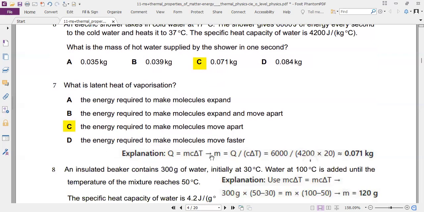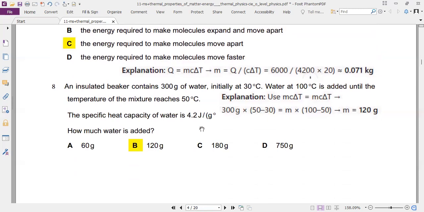And the explanation is actually given here at the top. So the latent heat of vaporization, you should know the definition. It is the energy required to vaporize, to make the molecules move apart. And we have to calculate the amount of the water that is added.